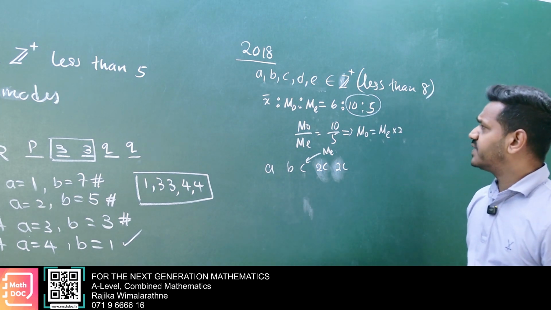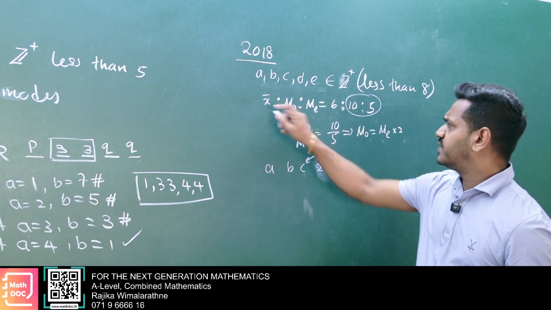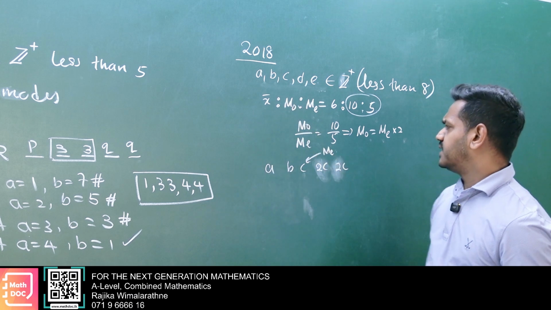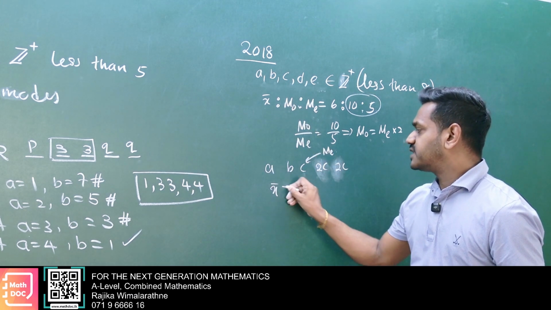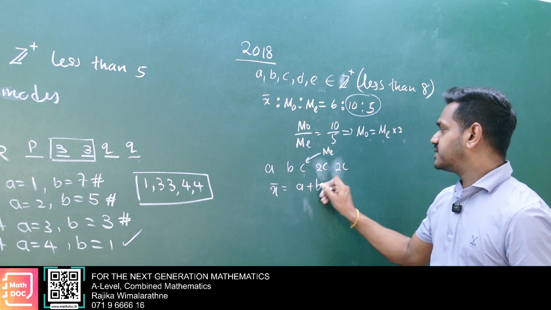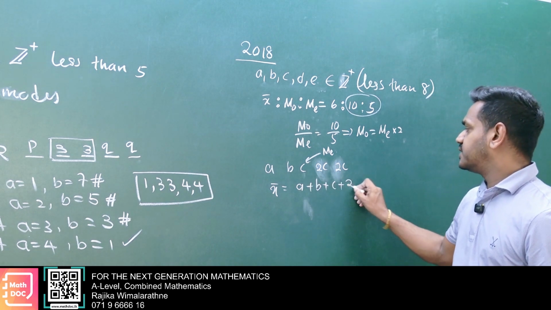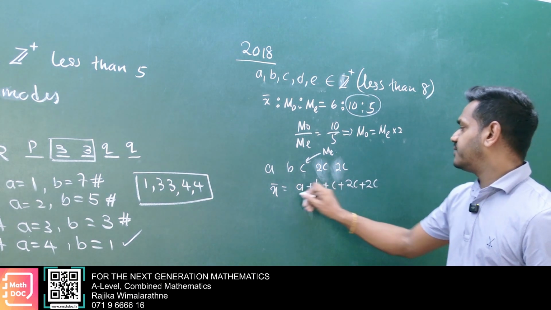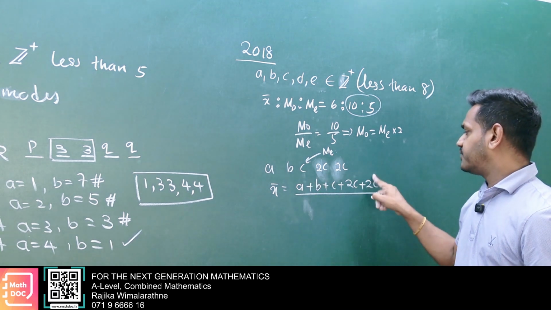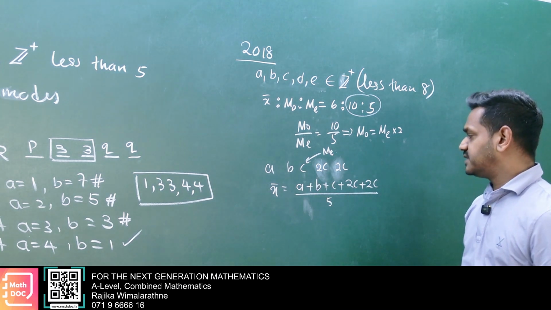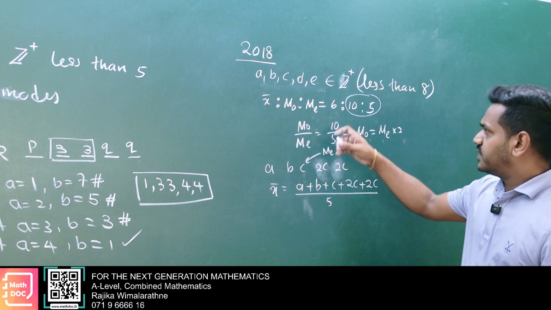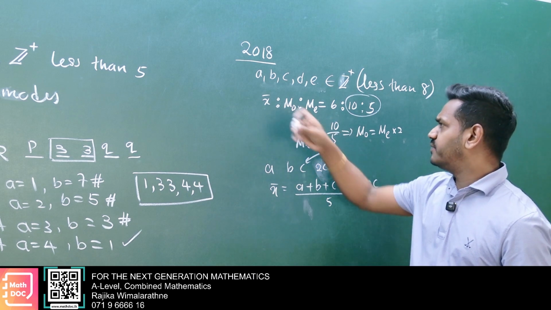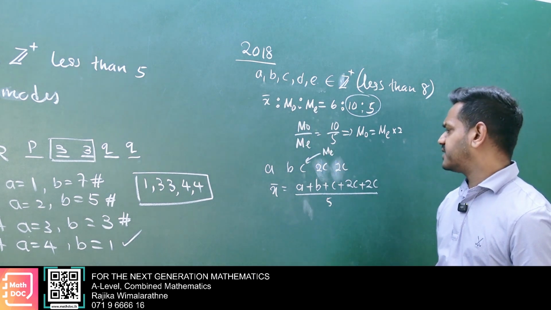Now further, when you consider mode, median, mean: the mean x bar is A plus B plus C plus 2C plus 2C divided by 5. Now mean divided by mode or mean divided by median, you can take whatever.